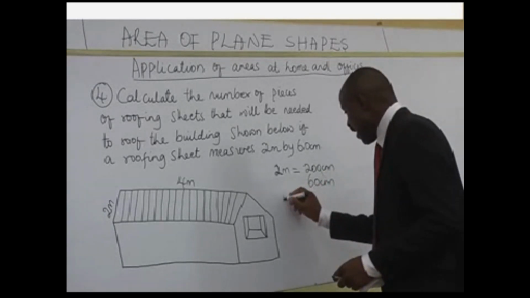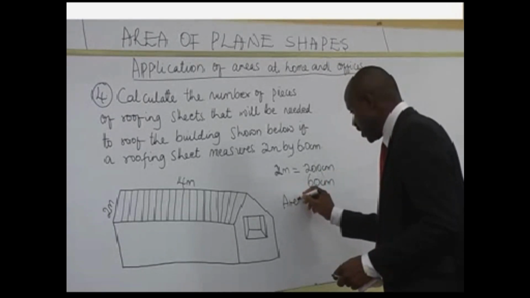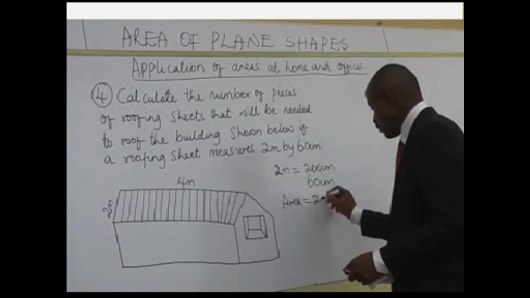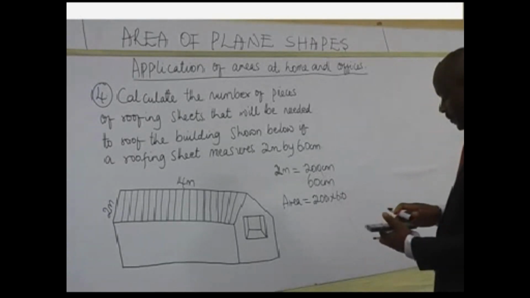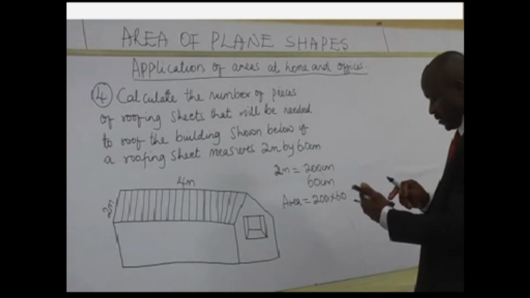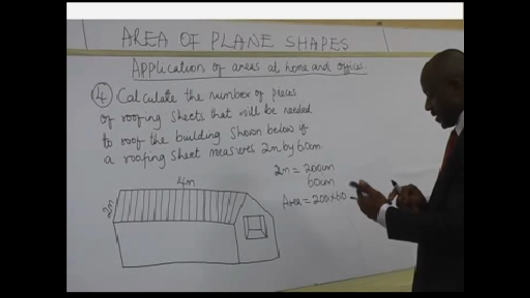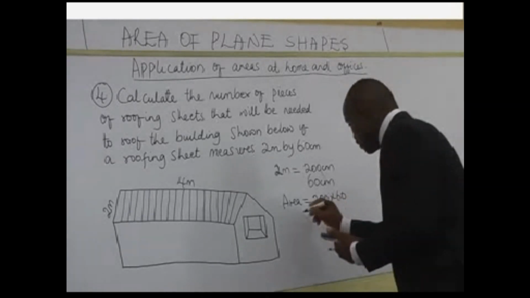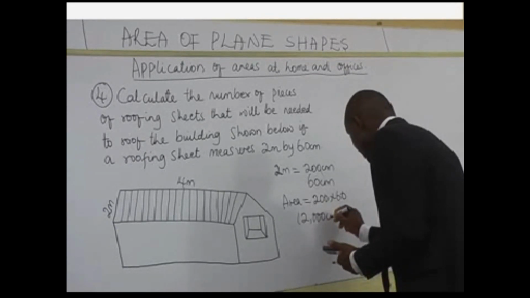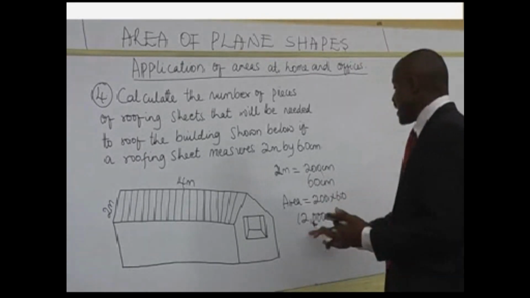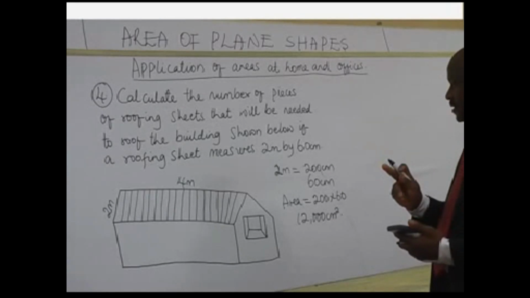That means the area of one piece of roofing sheet is going to be 200 times 60. Let's know what that will give us. 200 times 60 is 12,000 square centimeters. That is the area of one sheet of the roofing sheet.